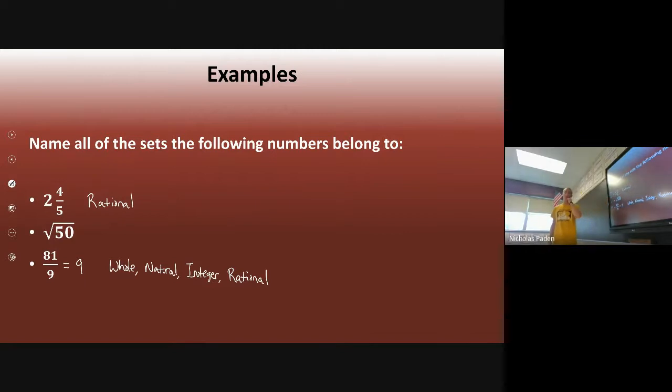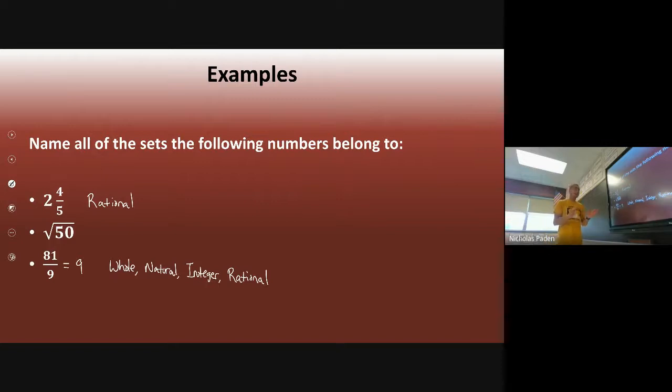Okay, let's look at the square root of 50. Remember, the square root is what number times itself equals 50. Thinking about it, there is no number times itself that would give us 50. 7 times 7 is 49, and 8 times 8 is 64. So 50 kind of falls in between those.